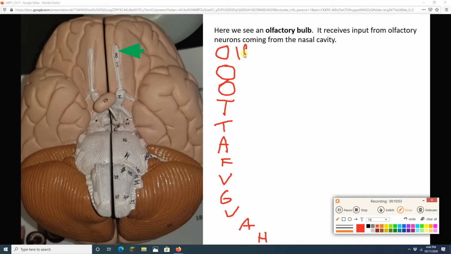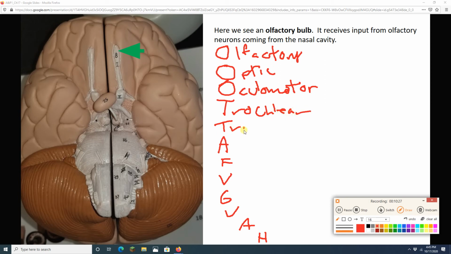The first pair of cranial nerves are known as the olfactory nerves. They're involved in smelling. They're sensory nerves. Second are the optic nerves. They're involved in vision. They're sensory as well. Then we have the ones we met earlier, the oculomotor nerves. They're motor nerves. They're involved in movements of the eye. And then we've got the trochlear nerves, also involved in eye movements.